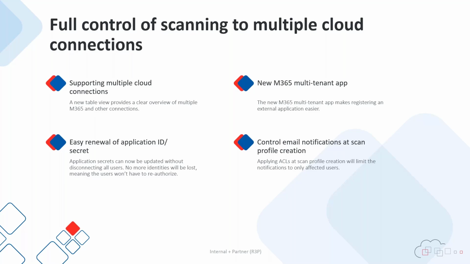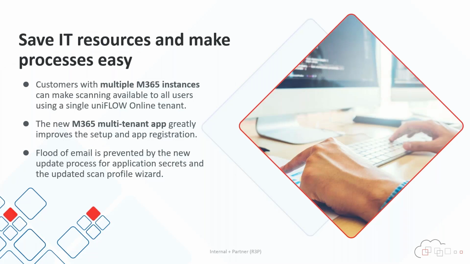So with these enhancements, let's see how they can save IT resources and streamline organizational processes. So with the new features, customers with multiple Microsoft 365 instances can now make scanning available to all users through one single online tenant. That is the key here.